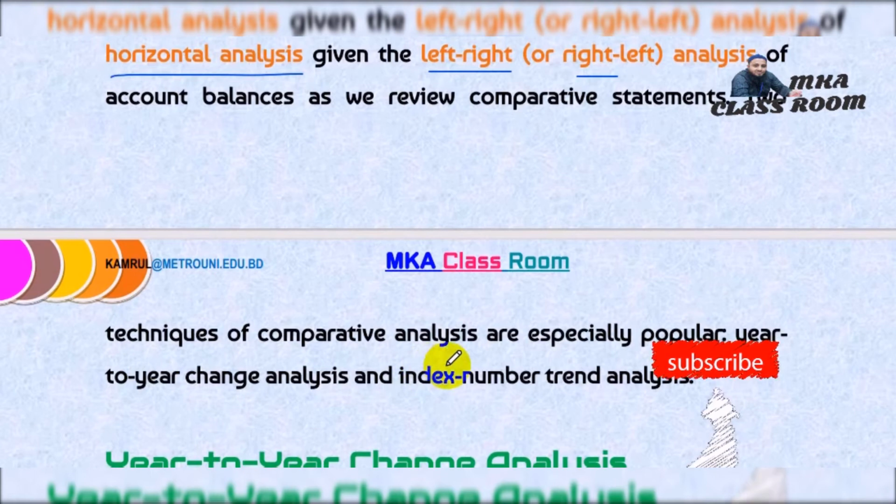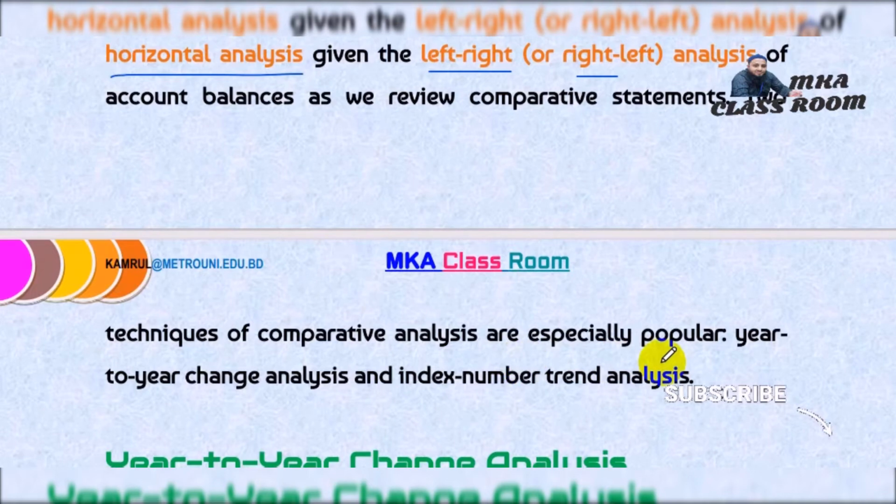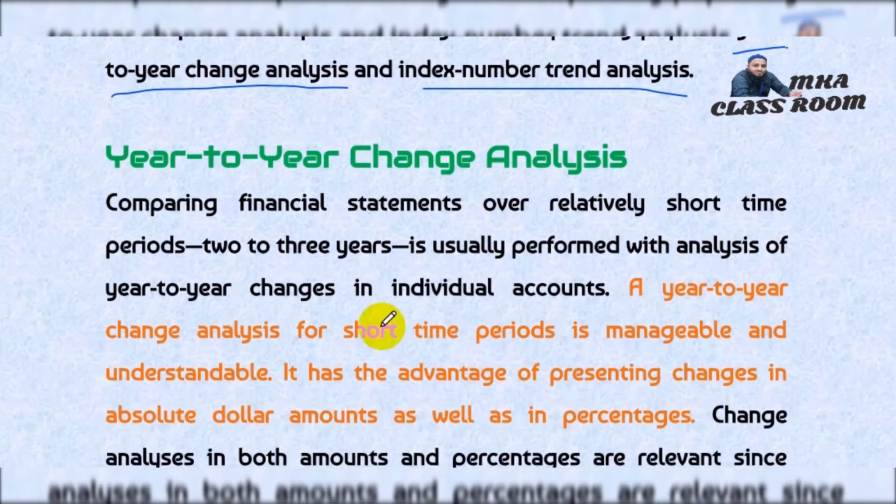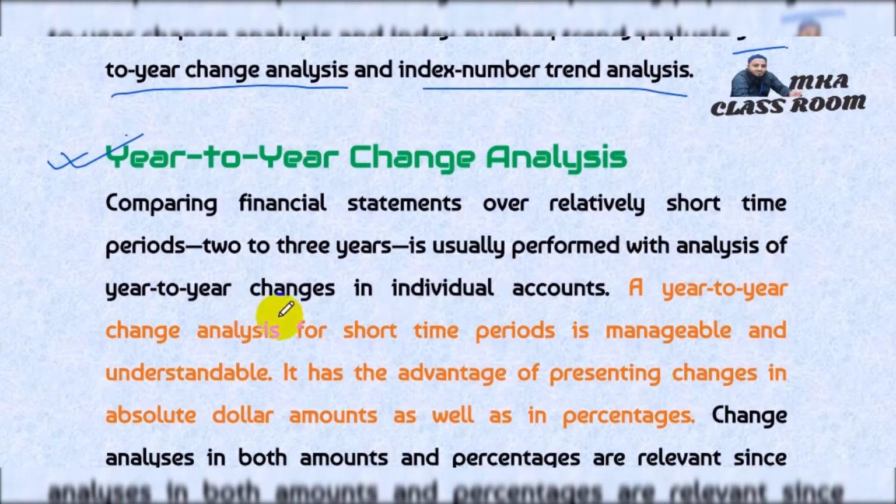Two techniques are basically used for this comparative financial statement analysis. One is year to year change analysis and another is index number trend analysis. Now we will see year to year change analysis. Comparing financial statements over a relatively short time period, 2 or 3 years, is usually performed with analysis of year to year change in individual accounts.